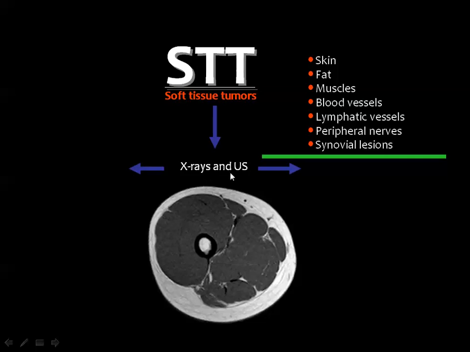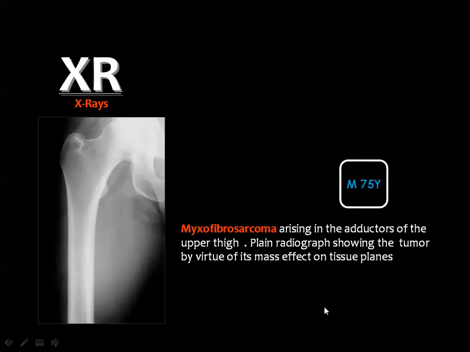If by X-ray and ultrasound we succeed in deciding that this is a benign lesion, then no further evaluation, I think, is needed. But if the lesion is not benign, looks malignant, or has intermediate characters, then we have to proceed to MRI. Then finally, we should have a biopsy, guided by ultrasound, CT, or even MRI.